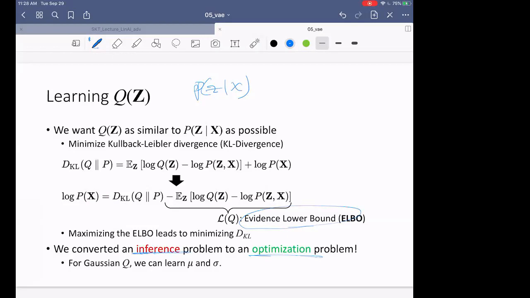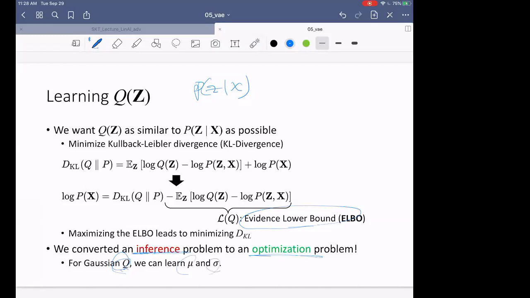And if you're using the Gaussian distribution for your Q, then what it boils down to is learning its mu and sigma, the mean and the standard deviation, right? Because a Gaussian distribution is determined by its mean and sigma.